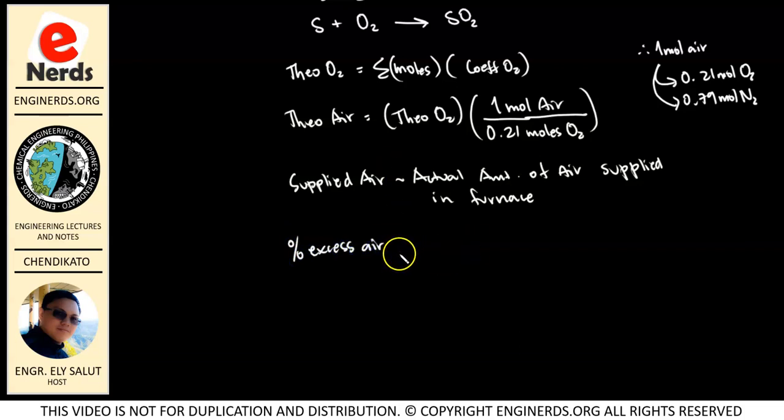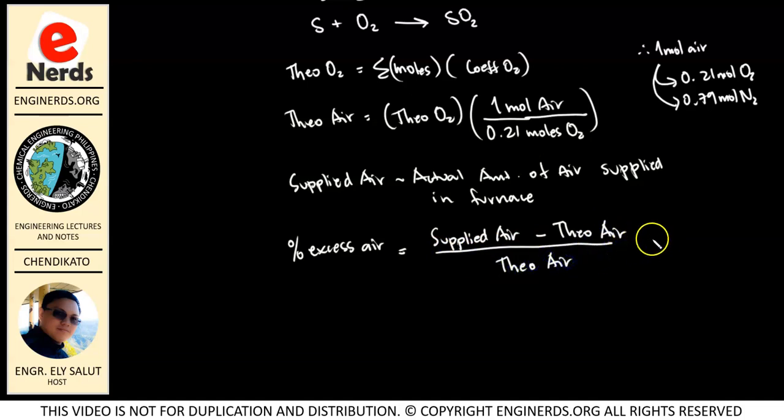Okay? And how are we going to get the percent excess air? So, kailangan makuha muna natin gaano karami yung supplied air, ilang moles ng air supplied to the furnace minus the theoretical air divided by the theoretical air times 100.